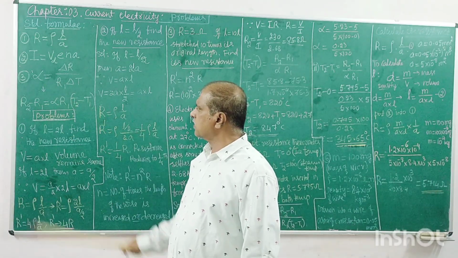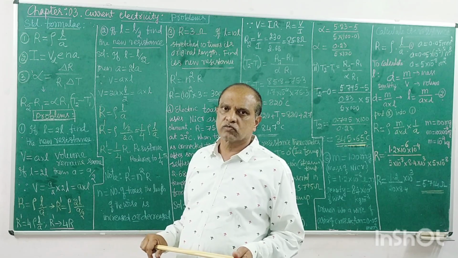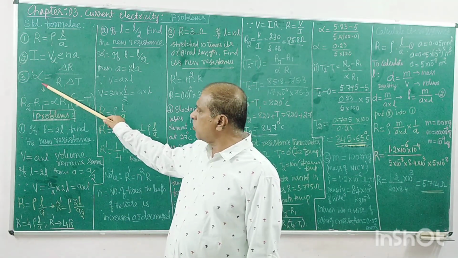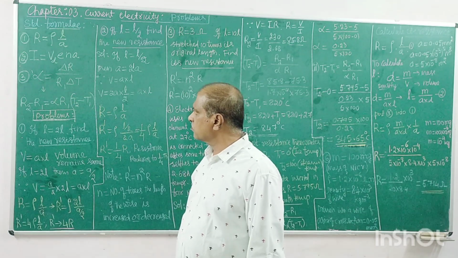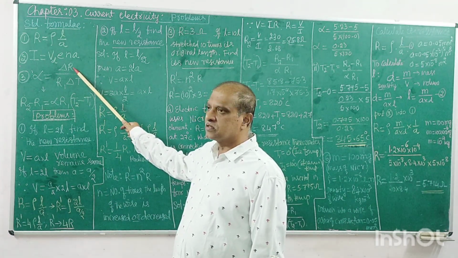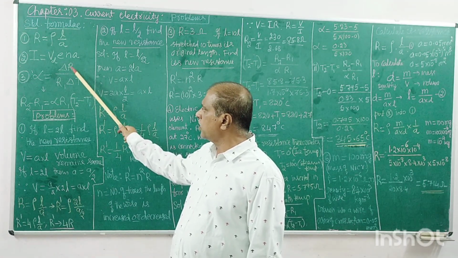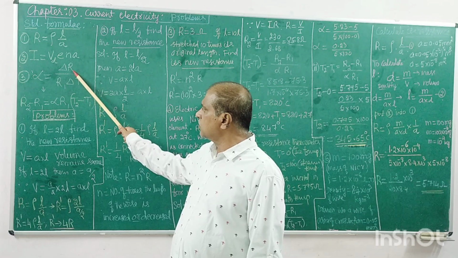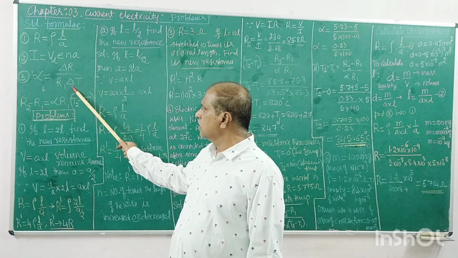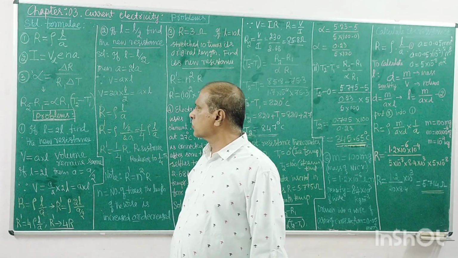And the next formula, that alpha stands for thermal coefficient of resistance. What is meant by thermal coefficient of resistance? It is the rate of change of resistance of a conductor with the temperature. Delta R by delta T, rate of change of resistance of a conductor with temperature with a reference value R1 resistance.